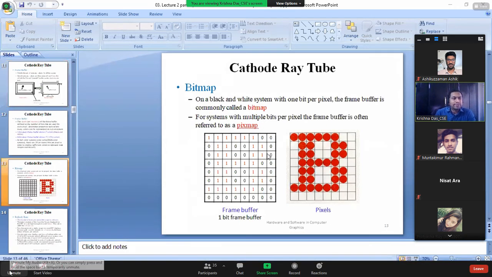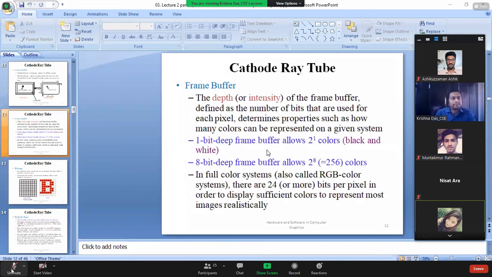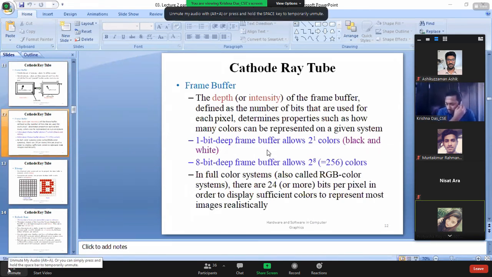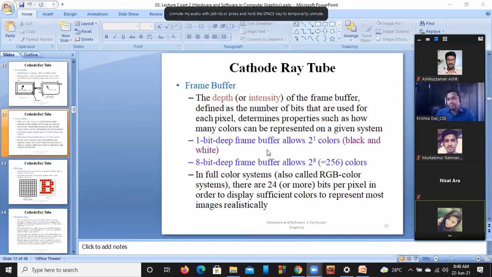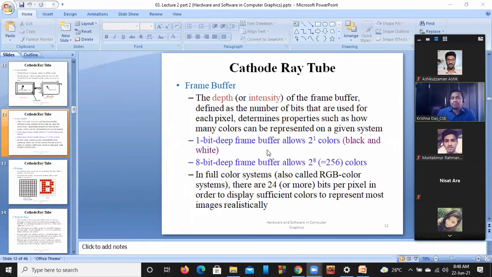Sir, I have a confusion: 2 to the power 8 means the range or the number of colors that each pixel has? Each pixel can have one color out of that many colors.